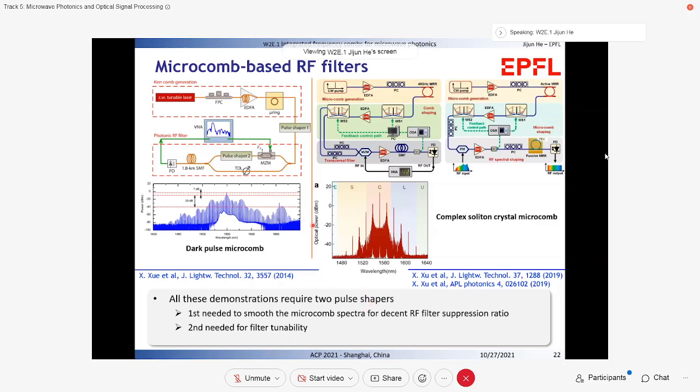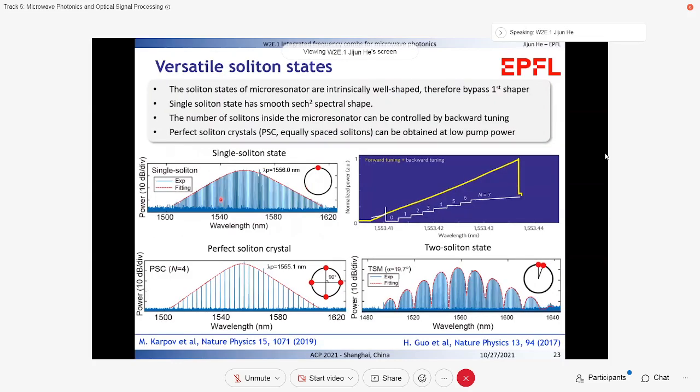So here, although the comb part is now integrated, the use of the two pulse shapers clearly complicates the setup. On the other hand, the soliton states of microresonators are intrinsically well-shaped. So therefore, we can bypass the use of the first pulse shaper. For example, the spectrum of a single soliton state shows a very smooth sech-square shape.